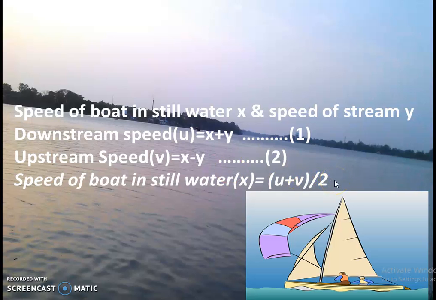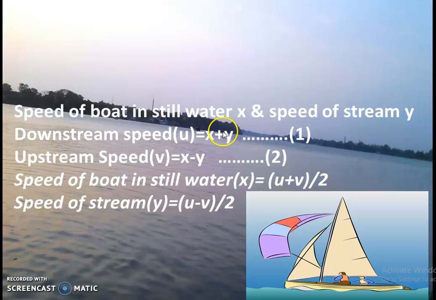In a similar way, we can calculate the value of y, that is the speed of stream, by subtracting equation 2 from equation 1. So we get the value of 2y, and to find the speed of stream, we divide u minus v by 2. So we can use the direct formula to find the speed of boat in still water when downstream speed and upstream speed are given.